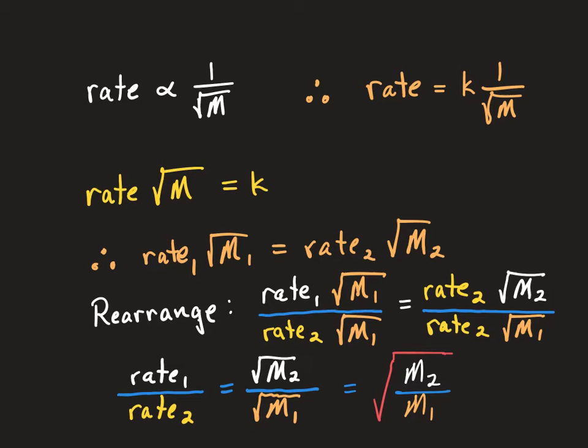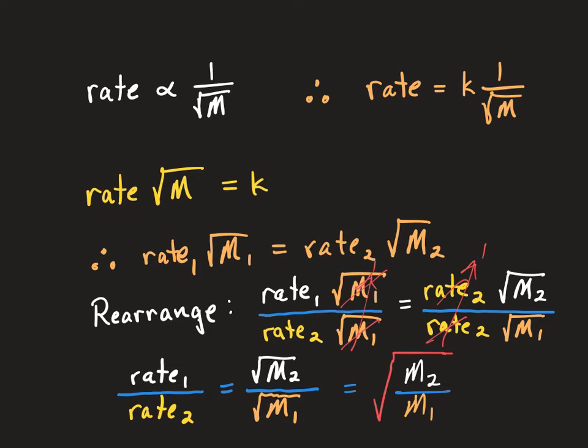Now, if we rearrange things to isolate rates on one side and the square roots of the molar mass on the other, that is, if we divide both sides by rate 2 and both sides by the square root of molar mass 1, then the square root of molar mass 1 goes to 1 on the left side, and rate 2 divided by rate 2 goes to 1 on the right side.